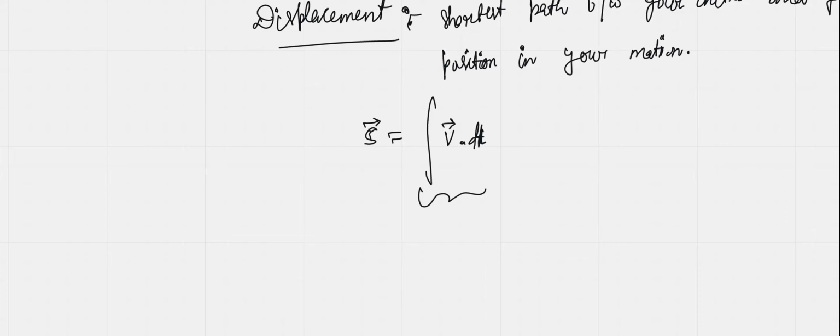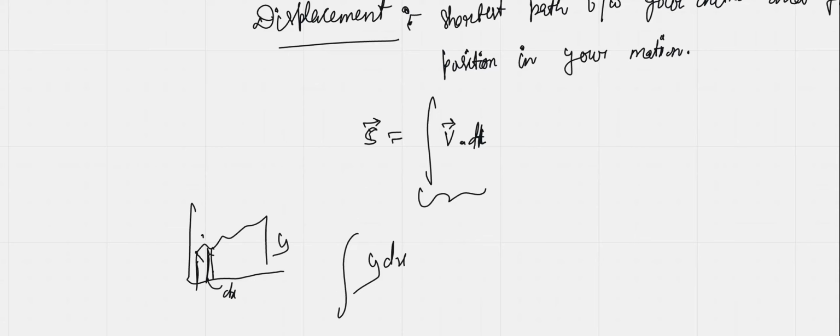If I make a plane with two axes, and I want the integration of this portion, basically this is y, and for very small strips dx you have to integrate. So you put y dx, and over the range you see, I will go from x1 to x2.